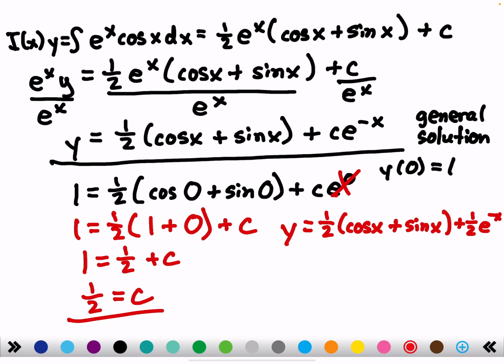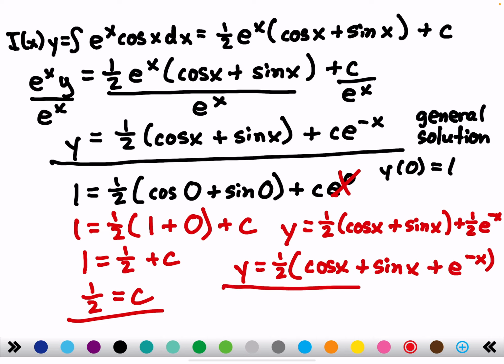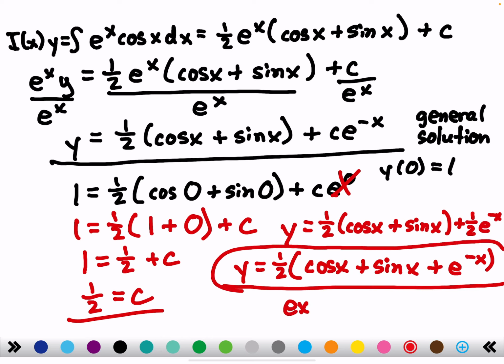Now, notice this 1/2 is in common, so I can say y equals 1/2 times the quantity cosine x plus sine x plus e to the power negative x. This is the exact solution to this differential equation.